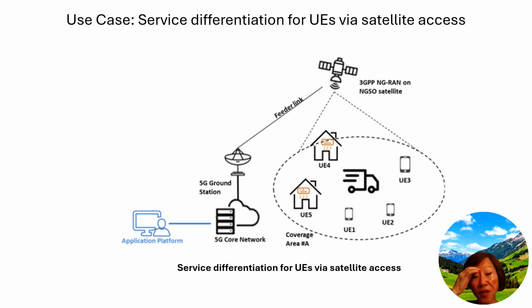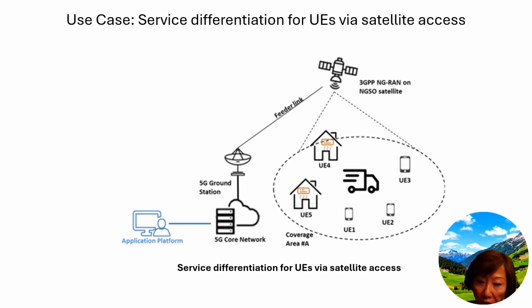So we need service differentiation capability. The core concept here is that these different UEs can receive tailored services based on their needs and priorities. The use of a non-geostationary orbit satellite allows for wider coverage and potentially lower latency compared to traditional geostationary satellites.